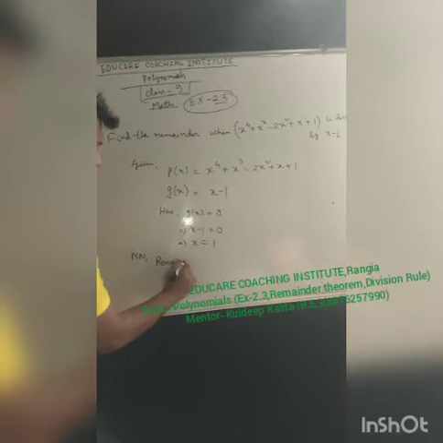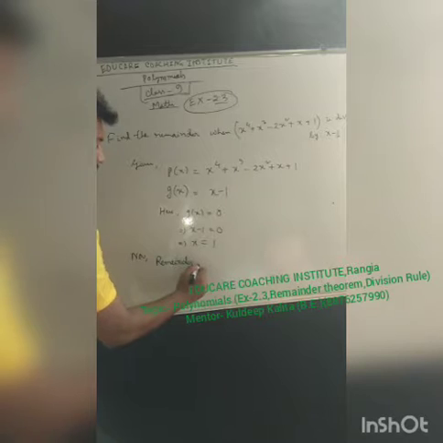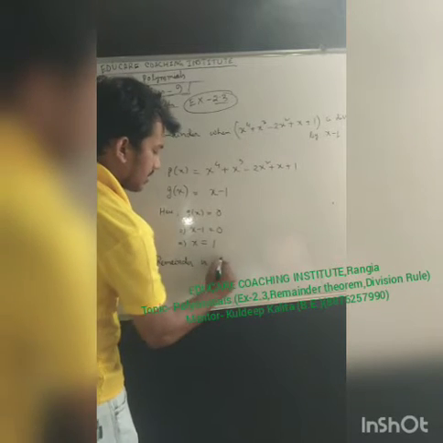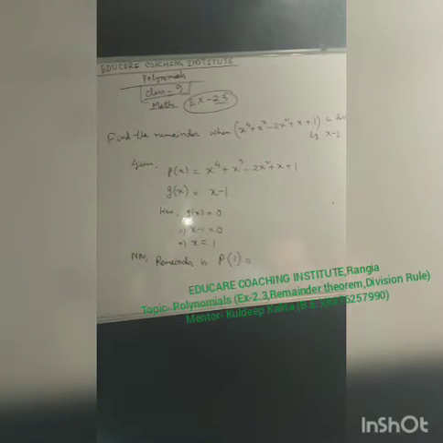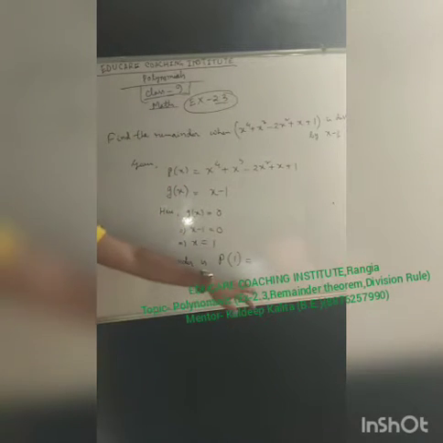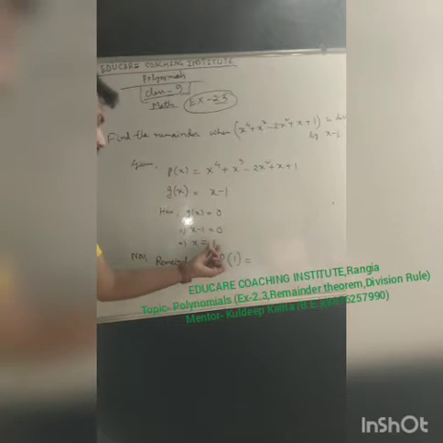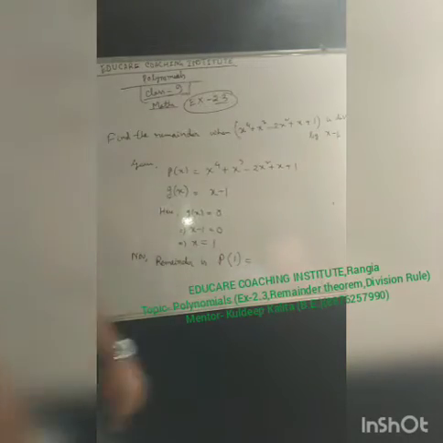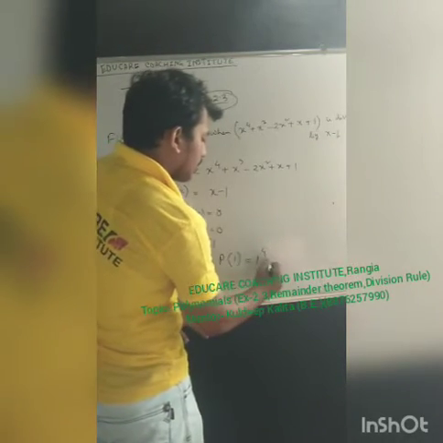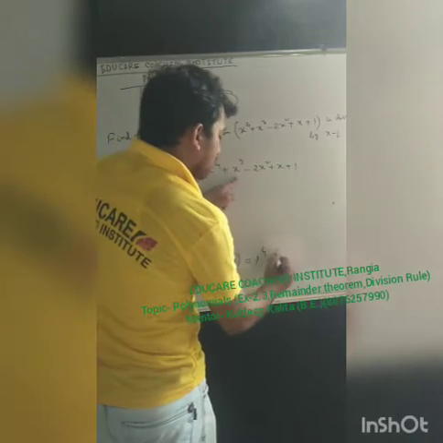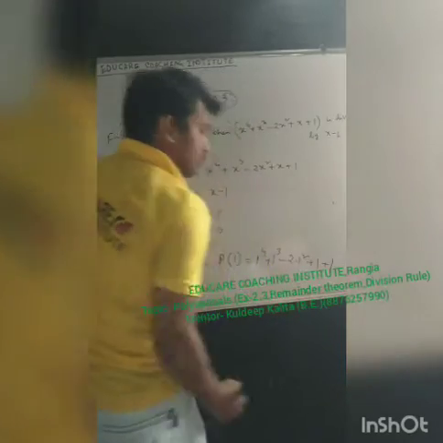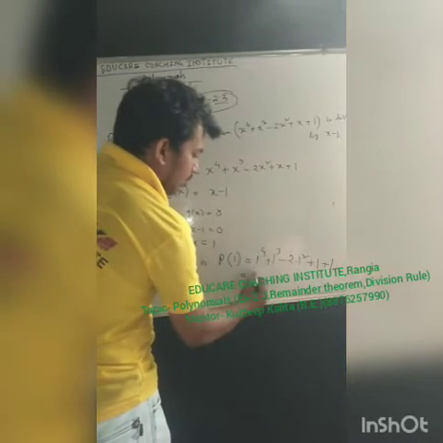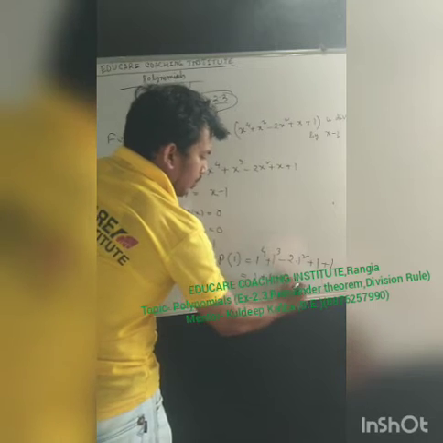After that, the remainder is simply P(1), or P(a), as mentioned in the remainder theorem. We put the value of x in P(x). P(1) means 1 to the power 4 plus 1 cube minus 2 into 1 square plus 1 plus 1, which is 1 plus 1 minus 2 plus 1 plus 1.